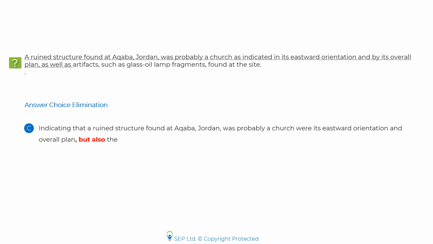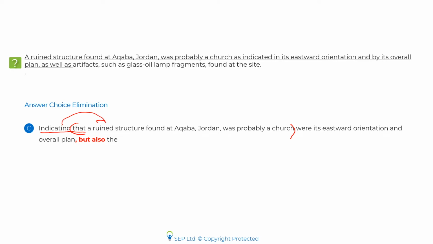In choice C, we can see there is a total change in structure. The sentence starts with something is indicating something, indicating that a ruined structure found at Aqaba, Jordan was probably a church. So what is indicating that a ruined structure found at Aqaba was probably a church?